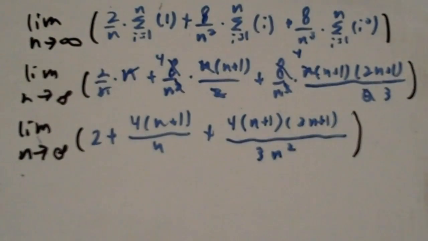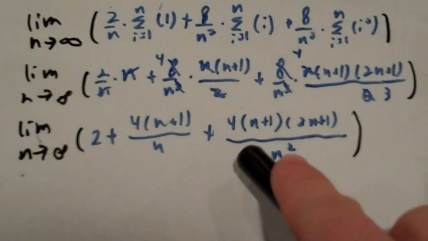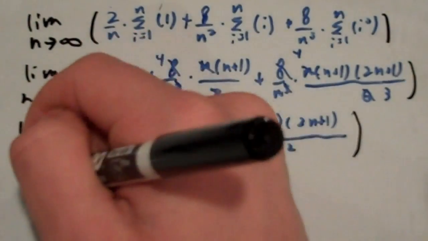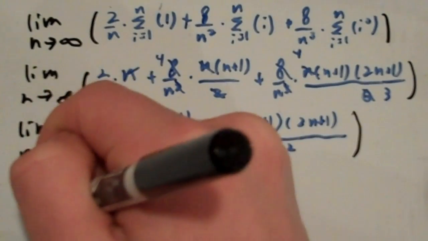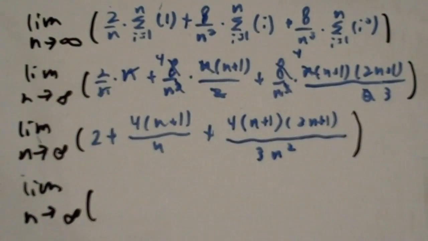Next, we need to get the top things so they're not multiplied with each other, but just one polynomial. So essentially we need to do some foiling. We have the limit as n approaches infinity, as always. And then we have 2. That doesn't need any simplifying.